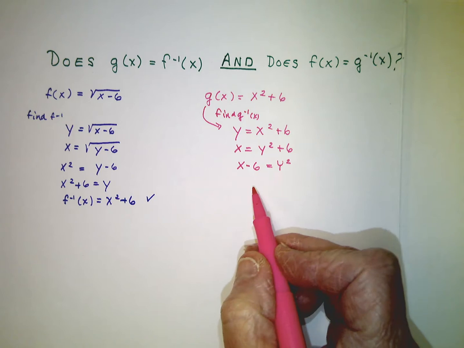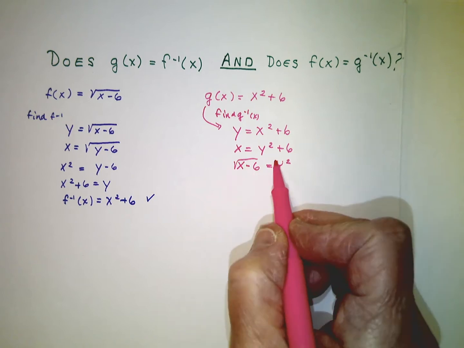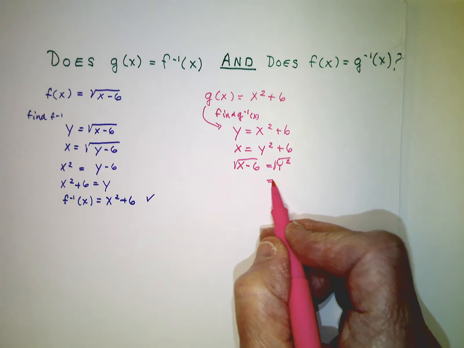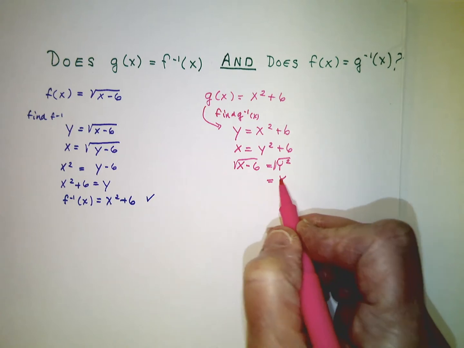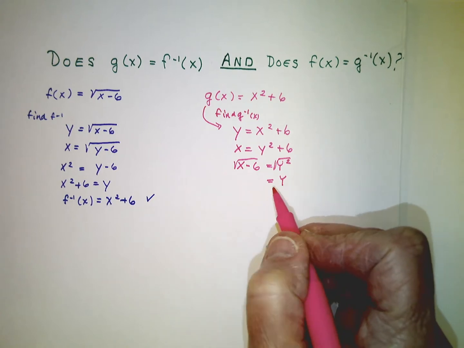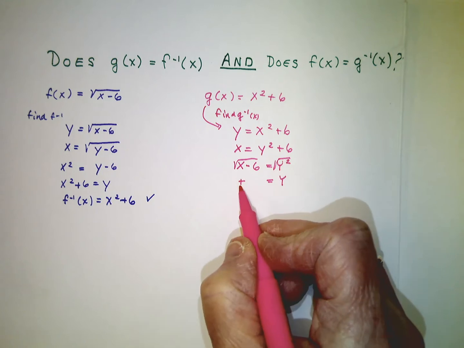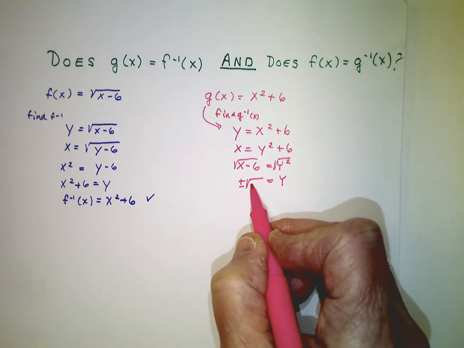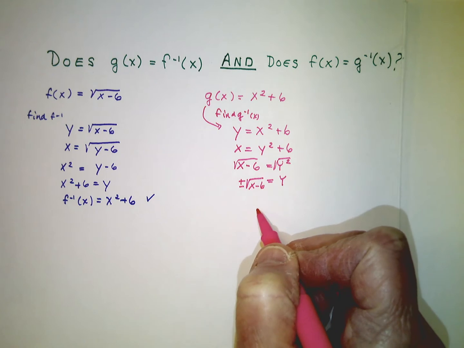And then we can take the square root of both sides. But we have to remember, and we had to do this when we were solving by the square root method, that when we take the square root of both sides, this could be plus or minus the square root of x minus 6.